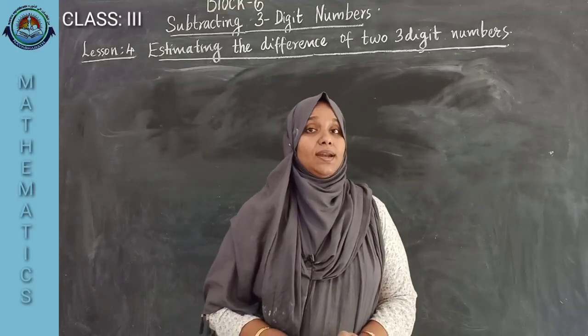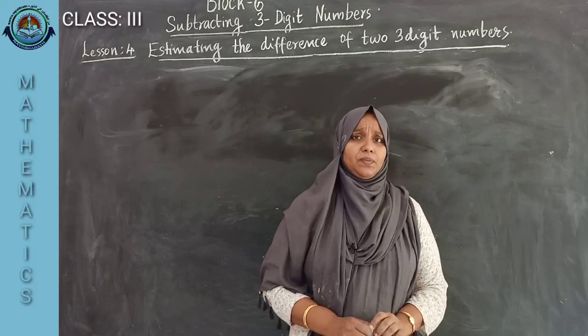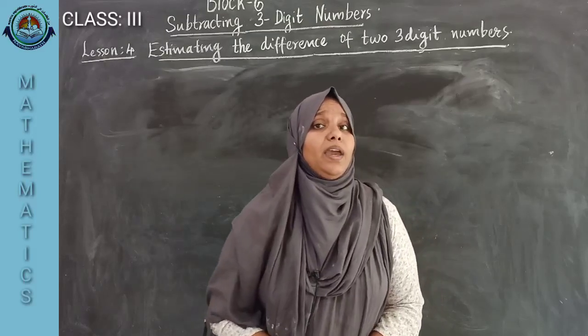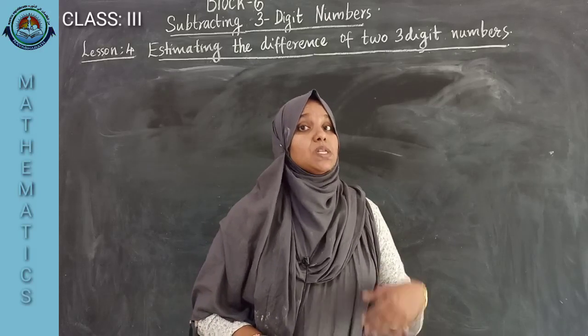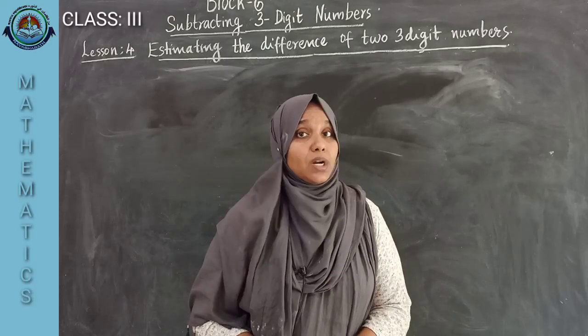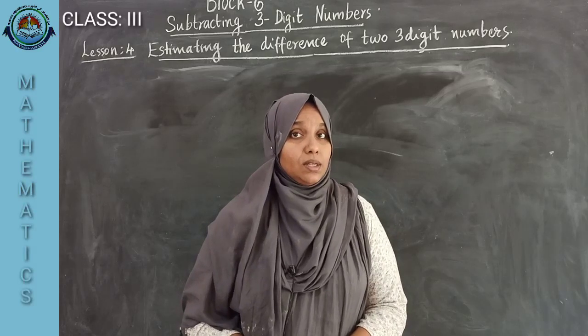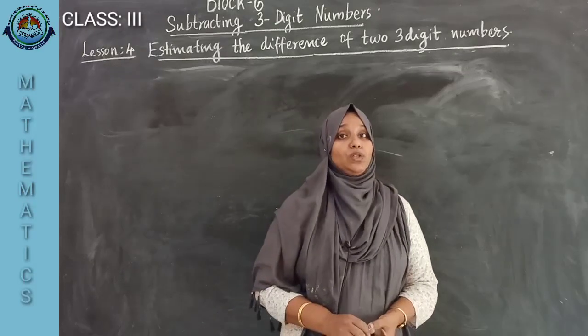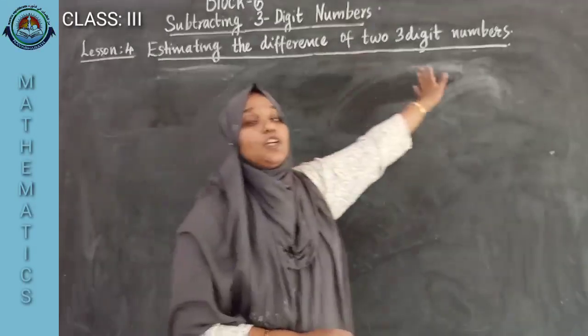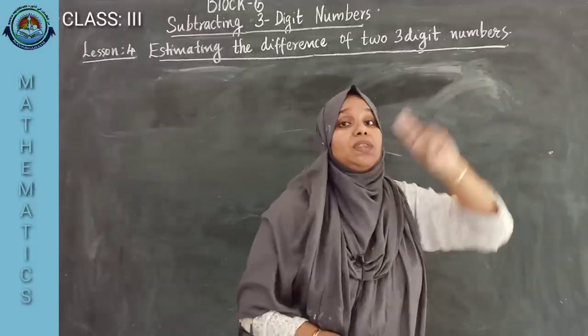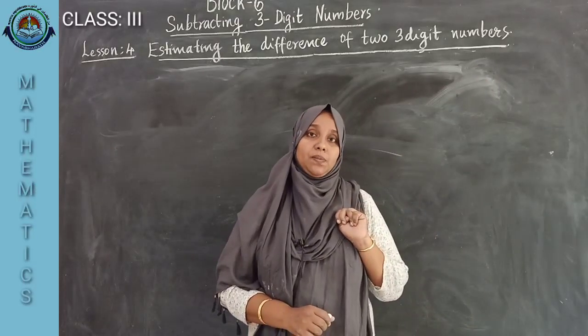Then children, suppose you want to buy a notebook, you may carry 50 rupees or 100 rupees with you. Today our aim is estimating the difference of two 3-digit numbers.